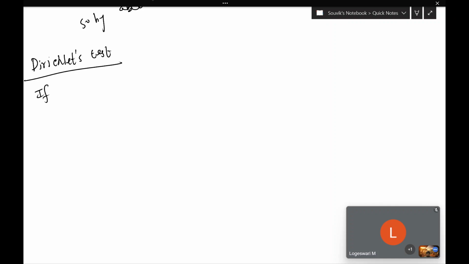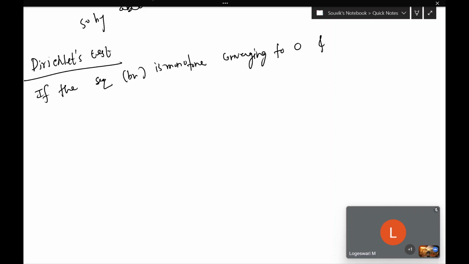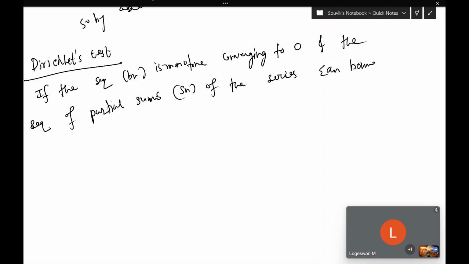So what does this test tell? The test tells that if the sequence Bn is monotone, converging to 0, and the sequence of partial sums Sn of the series summation an is bounded, then the series summation an Bn is convergent.